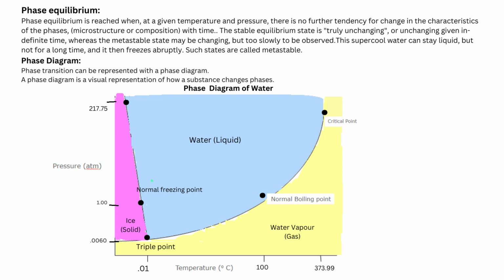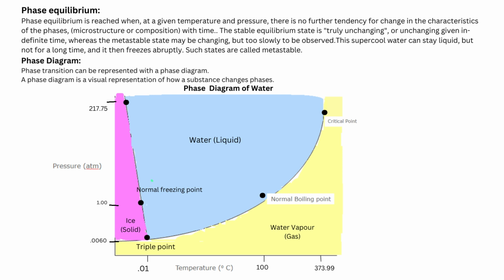Phase diagram. Phase transition can be represented with a phase diagram. A phase diagram is a visual representation of how a substance changes phases. Now here we have shown the phase diagram of water in liquid, solid, and gas form.